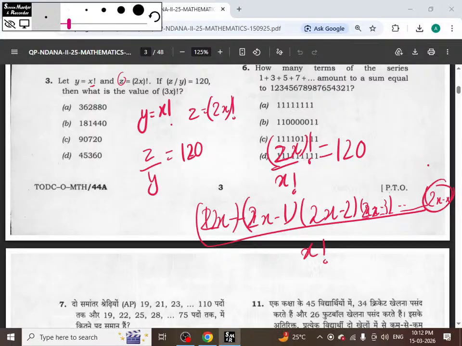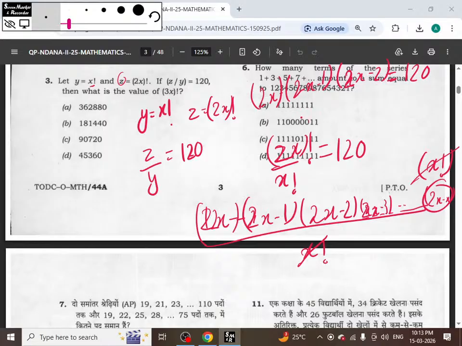So what is 2x minus x? It is simply x factorial, so we'll cut it down. How many terms have we obtained? We have 2x, 2x minus 1, and 2x minus 2, which equals 120.